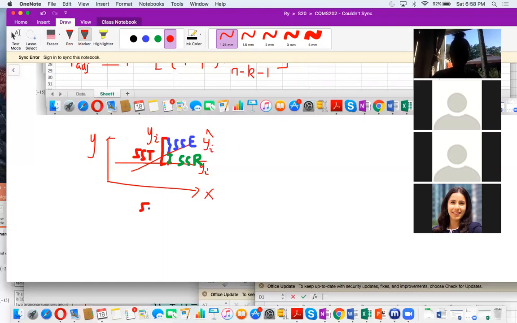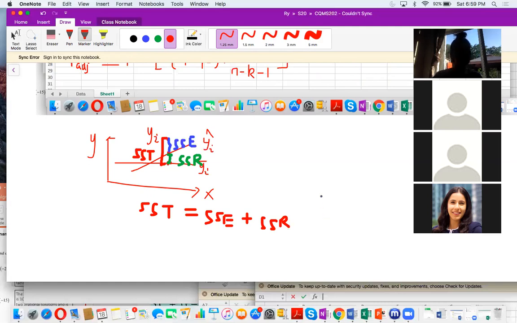The relationship is SST equal to SSE plus SSR. This holds true not only for simple linear regression, but also for multiple linear regression. So this is the number of variations.